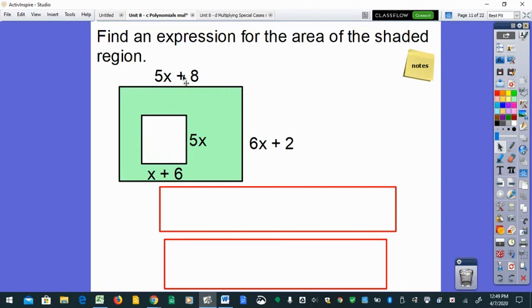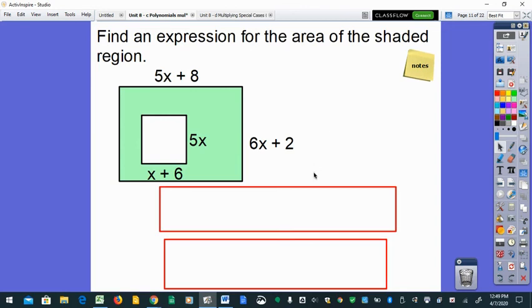So you're going to need to multiply our length times our width to get the big green rectangle. We're going to have to multiply our length times our width to get the small white rectangle, and then subtract the larger area minus the smaller area to get the area of the frame, which would be the green around it. Why don't you pause the video and see how you do trying that by yourself.